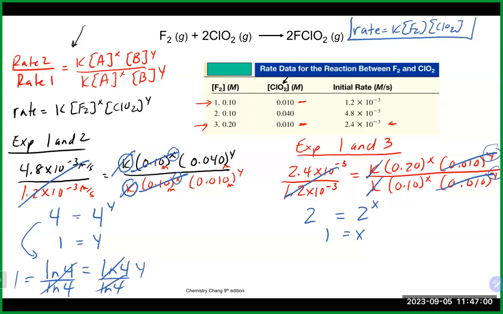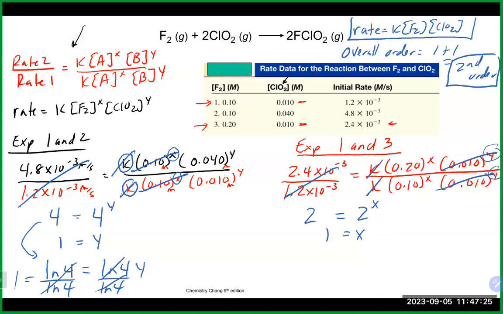If you don't see any number written next to the F2 or the ClO2, they're assumed to be first order, just like normal. That means the overall order of this reaction is 1 plus 1, which is second order. So this particular reaction is second order overall. Any questions on that?